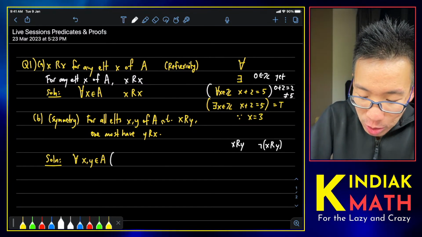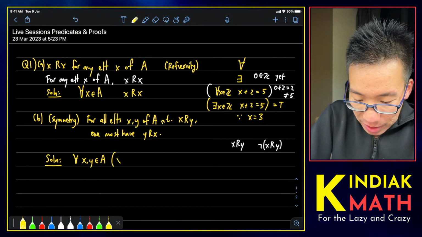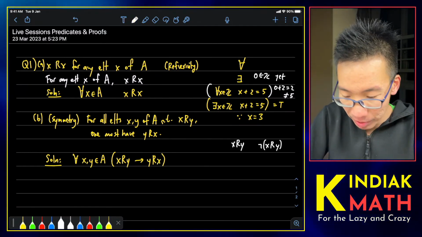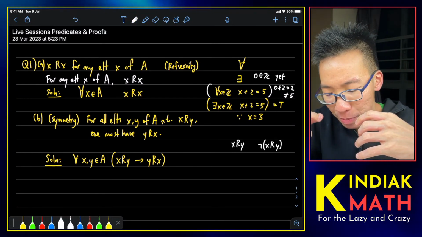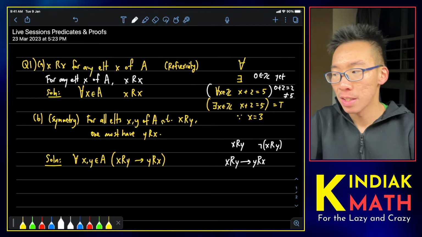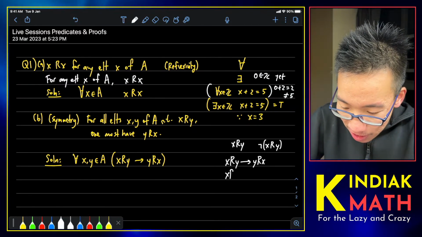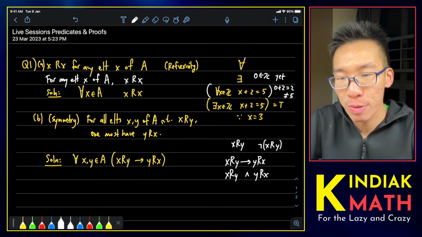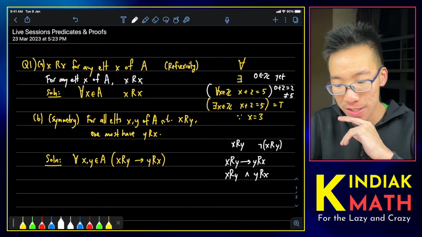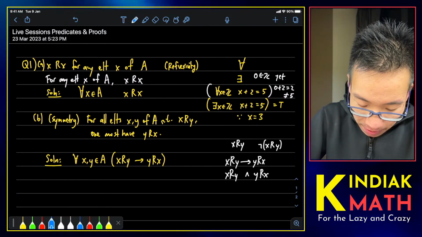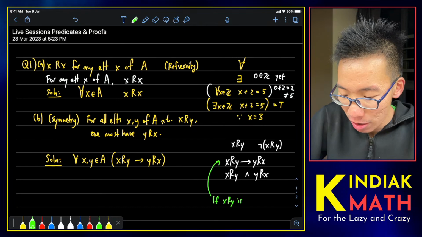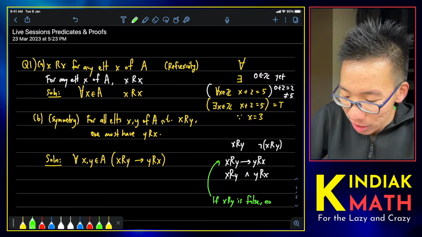And since we do not really care about the situation when x is not related to y, we will use this symbol: xRy implies yRx. A lot of people get confused between this expression and this expression, and roughly speaking, the difference is that in the first case, if x related to y is false, no one cares.